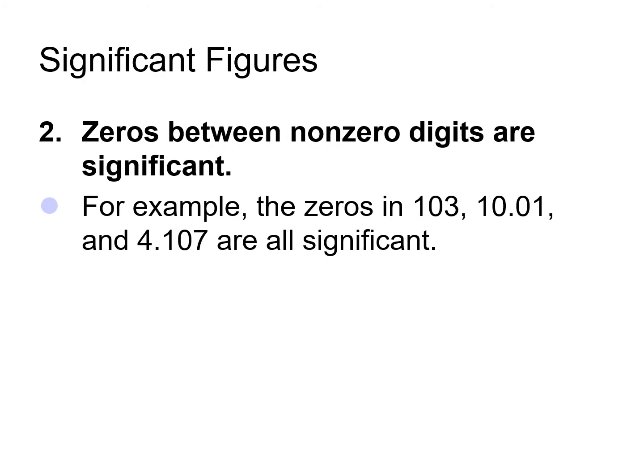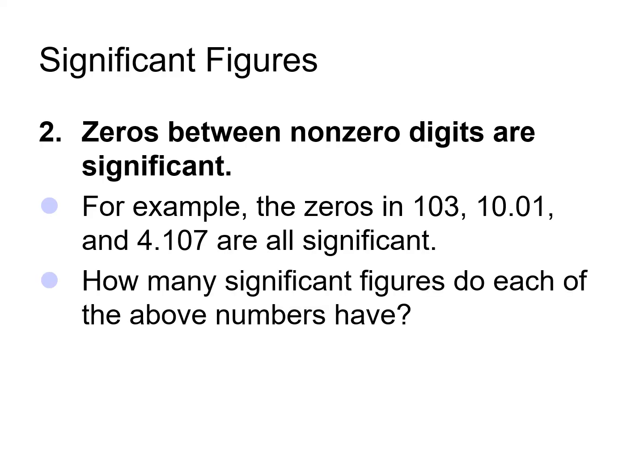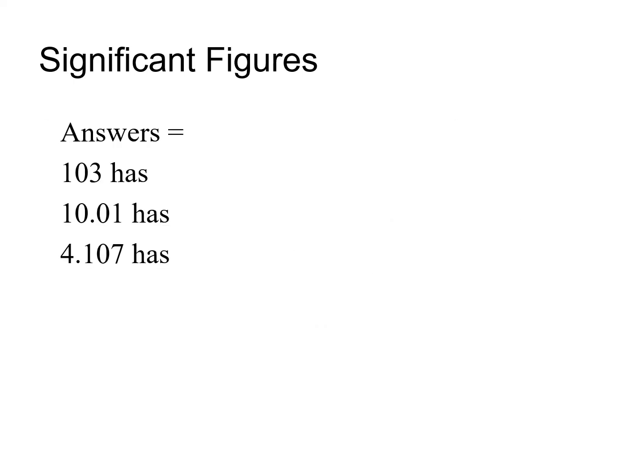How many significant figures are in these values? 103 has three significant figures, as we just said. I'm going to abbreviate that as SFs. 10.01, those zeros are between two significant digits, so it must be four significant figures. 4.107 similarly has four significant figures.